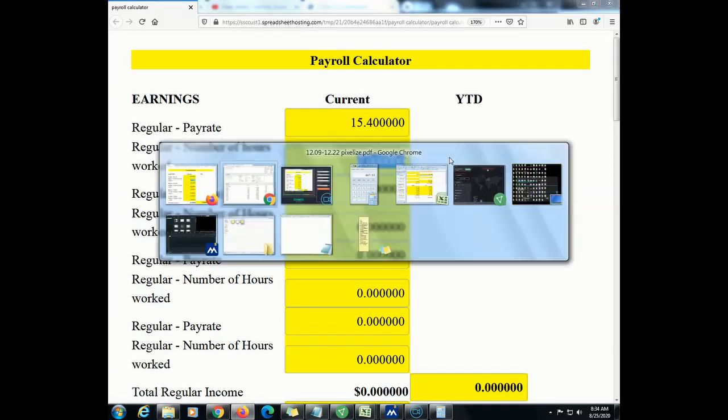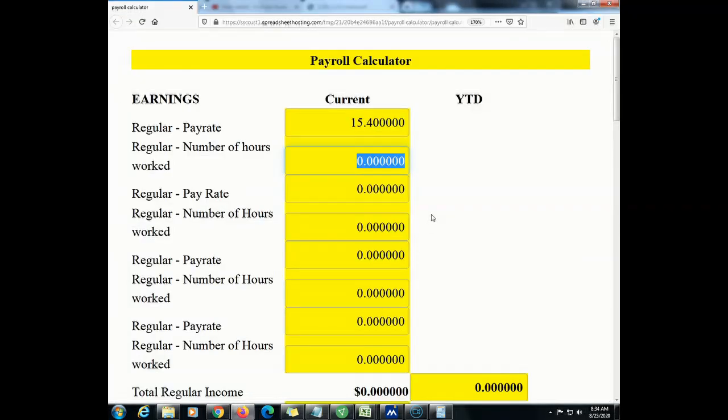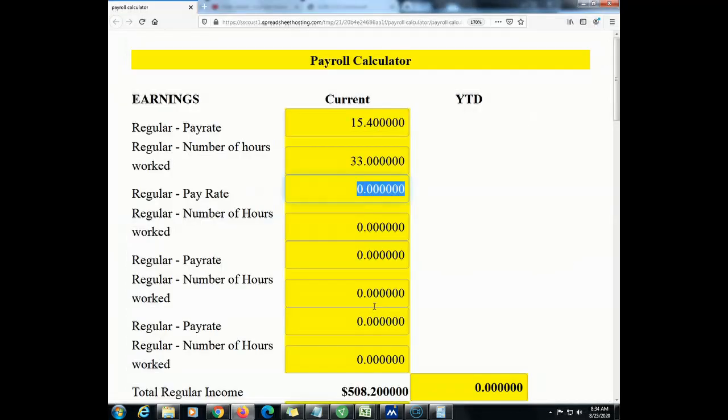The number of hours worked. Let's say you worked for 33 hours in the first week. Since this is a bi-weekly pay stub, let's say you worked another 33 hours in the second week.